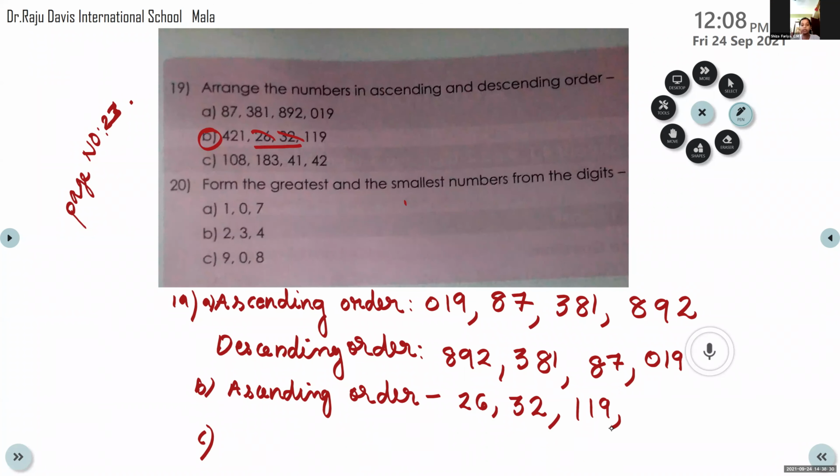After that, 421. Okay. Now, correct, my dear. Now, Rukma, please unmute and give me the descending order for the same. Descending order.